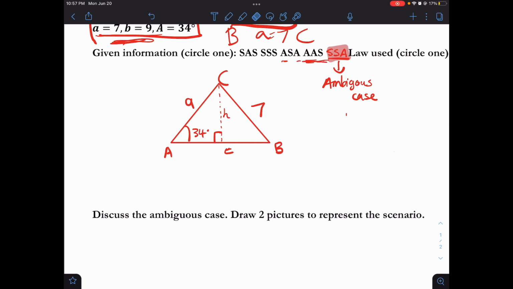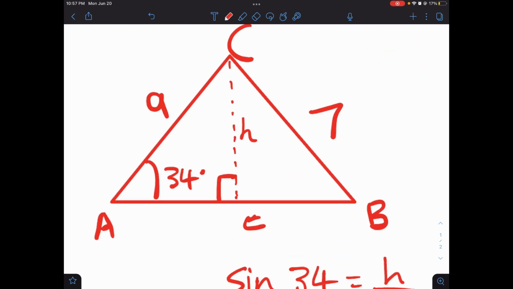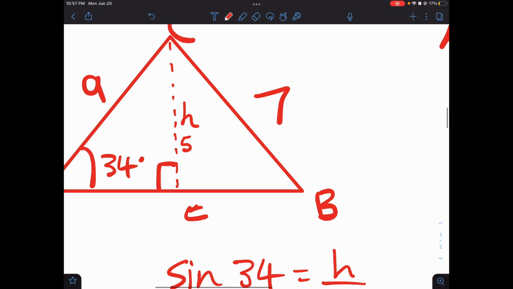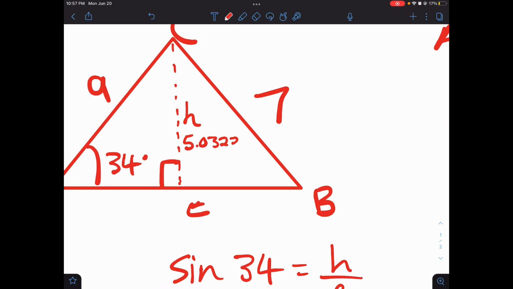So to do that, first we have to find our h, and to find h, we can take the sine of 34 is equal to h over 9. So 9 sine of 34 is equal to h. So 9 sine of 34 is 5 point something, 5.032.